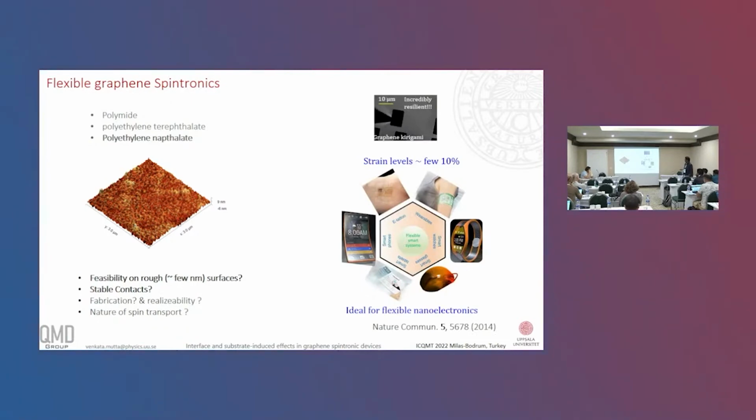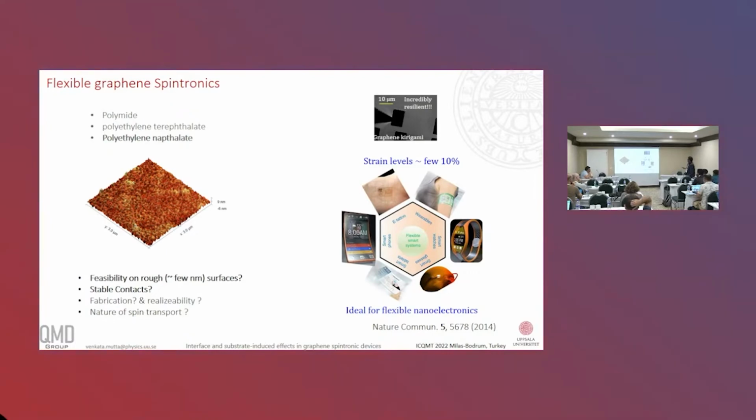But then this is quite compelling, because compared to normal materials, like for instance silicon, which can withstand a strain of 1.5%, the 2D materials can go up to 10% strain levels, which makes them ideal for flexible nanoelectronics.